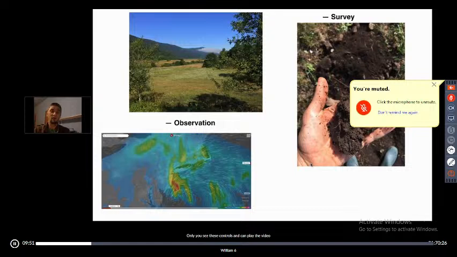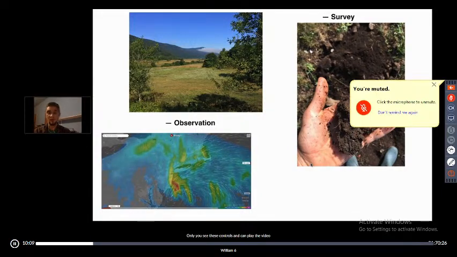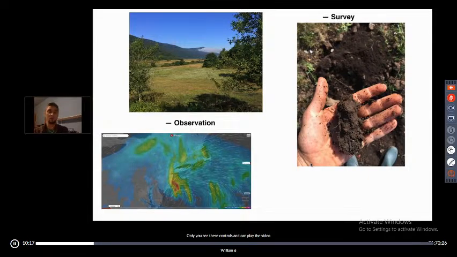In reading the landscape, we're going to use different, let's say, methodologies, and those are observation. Observation would mean just observing and not actually doing active surveys. On the other side, you have survey, where you are actively involved in investigating different components of the site.